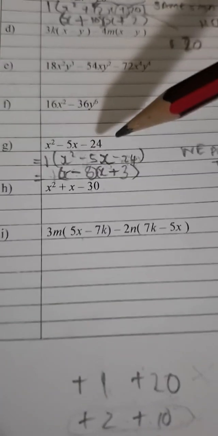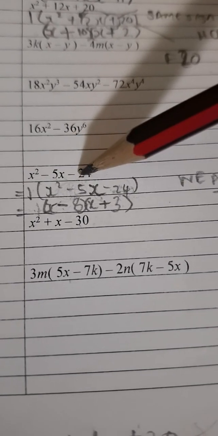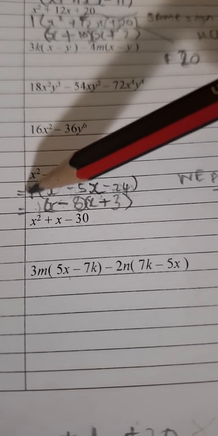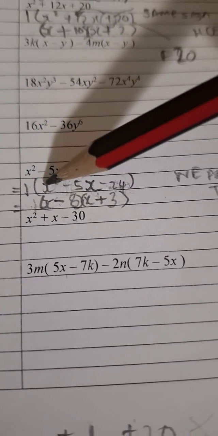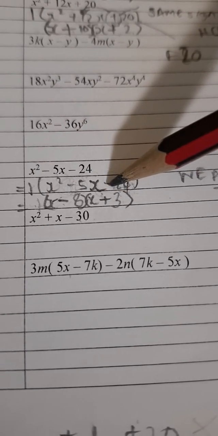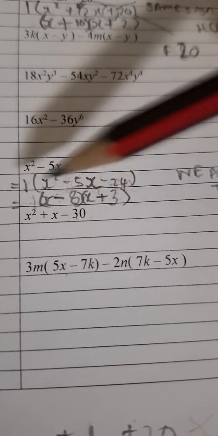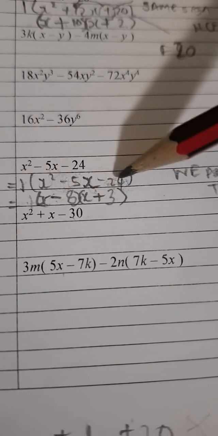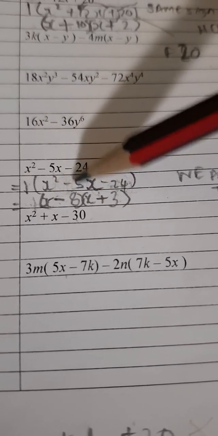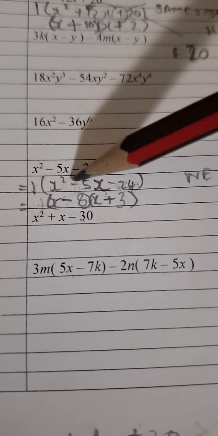Then we also looked at a trinomial where there is a negative constant last term. Initially we always ask, is there a highest common factor? There is here, so we take out a 1, and then we write x squared minus 5x minus 24. The constant last term is negative, so we are going to have different signs inside the bracket. But the factor of 24 that is the highest will have the negative sign, according to the sign of the middle term. The highest factor will always have the sign of the middle term.